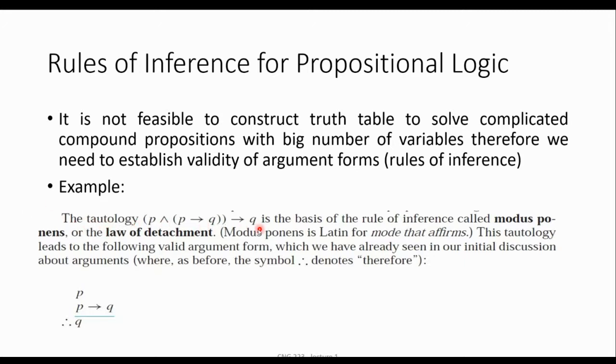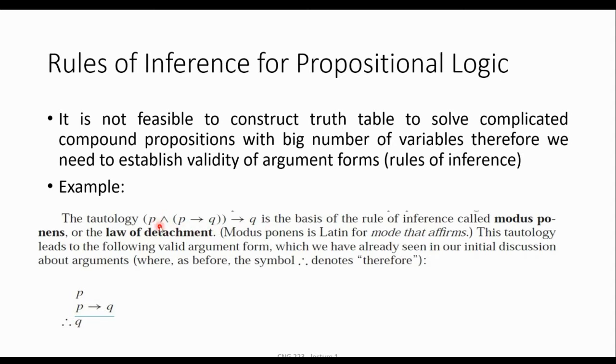So this tautology is the basis of the rule of inference called modus ponens. This is a Latin word, so I just talk with the Latin pronunciation. And the law of detachment. We can also call it that. So this one is famous, and they use it a lot.